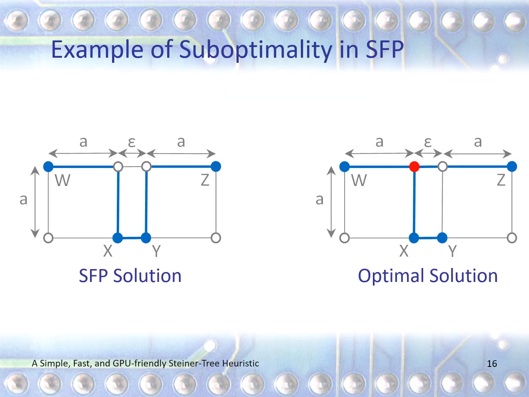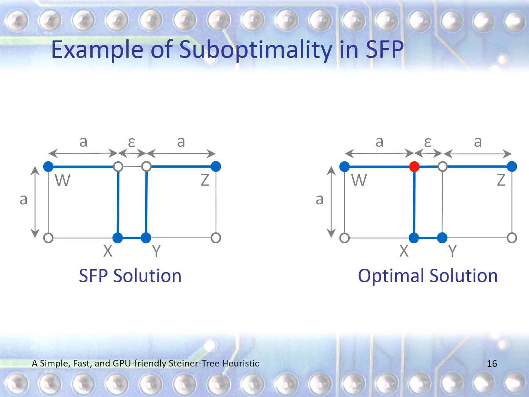Epsilon, which is less than A in this example, causes the MST to create the pattern shown on the left. When we apply our heuristic, no Steiner points can be created that are distinct from existing vertices. The optimal solution on the right requires a Steiner point. This means that our solution produces a length of 4a plus epsilon, and the optimal solution is 3a plus 2 epsilon.